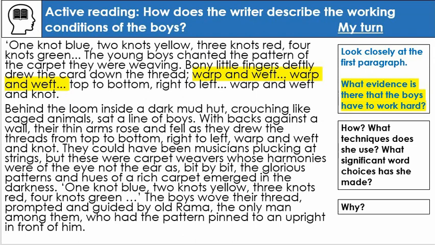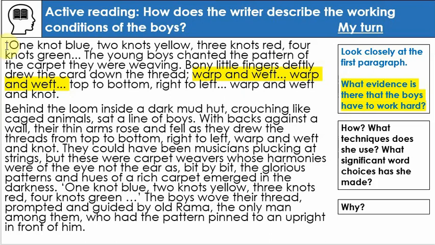If you don't have the text printed, I would be writing down the evidence that you find as you go along. So as I read the text, I'm thinking, does this show that the boys have negative or positive working conditions? What are the key pieces that let me know something that answers that question?